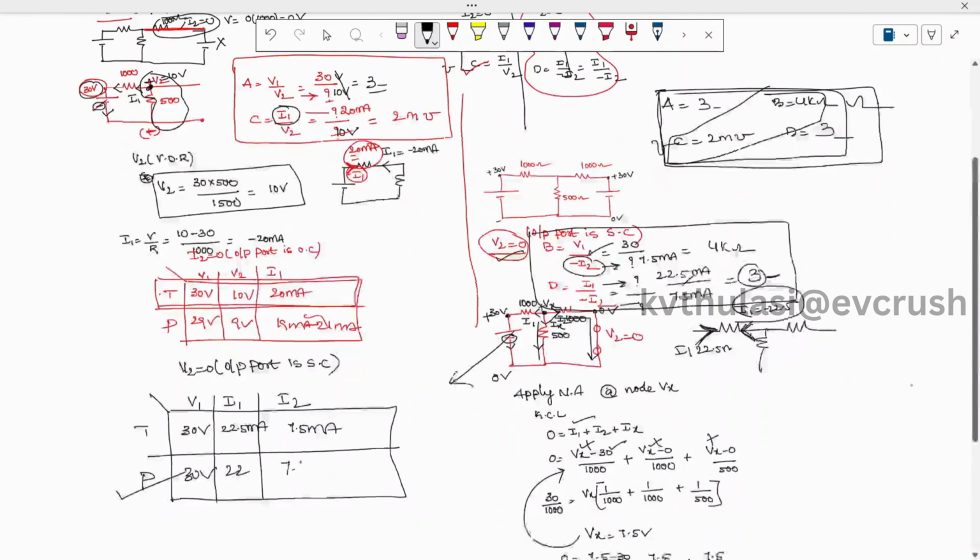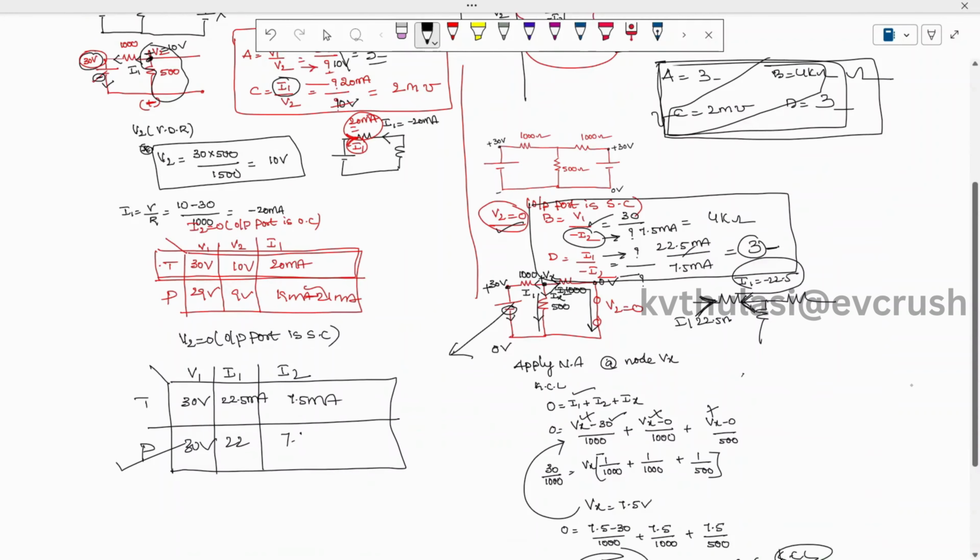Okay, so if you get doubt, very simple, the current flows in this direction. For example, current is flowing in this direction, then it is I1 is equal to 22.5. This is the original direction of the current. Why? Because source is here. If you do the nodal analysis like this, analysis is very simple. That's why I had done by taking current which flows from high potential to low potential. But original is I1.